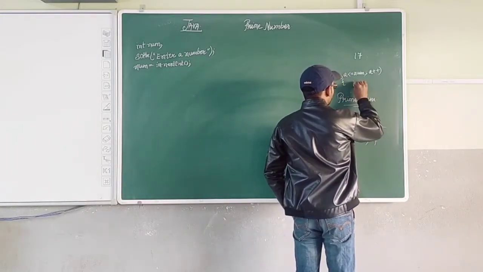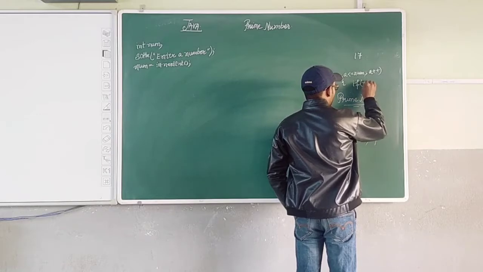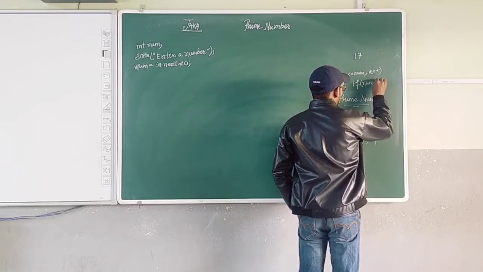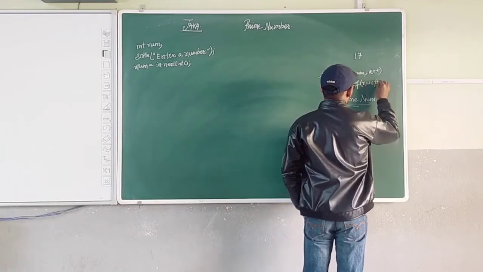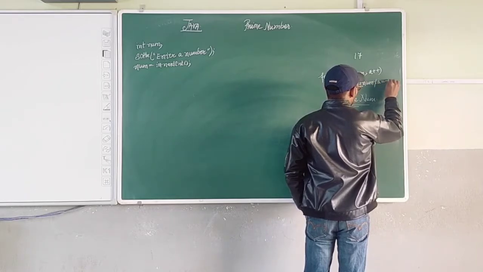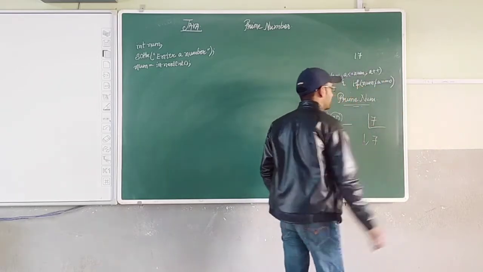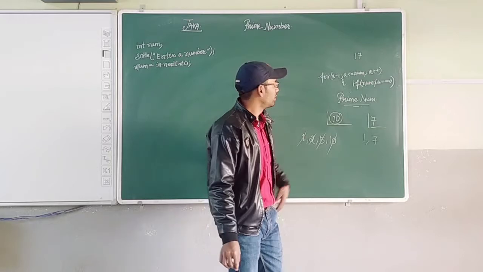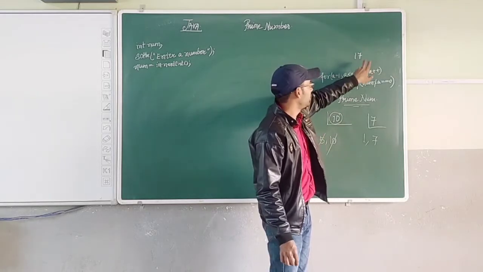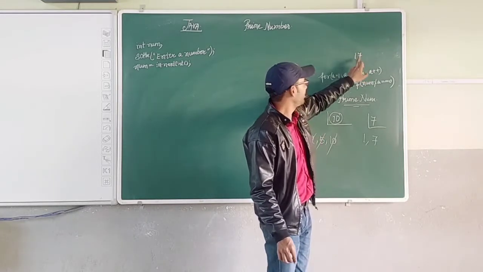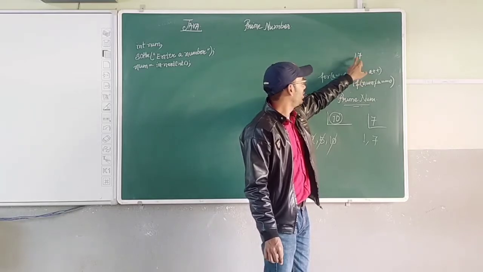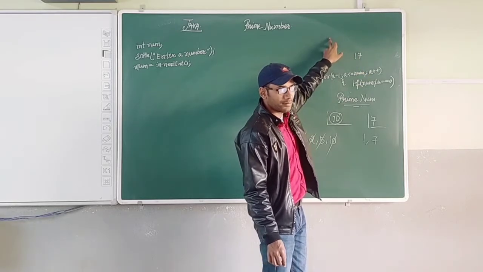If num % a == 0, means what? This is num, this value will be stored in num, the user gave this value, and this value will obviously go to num.